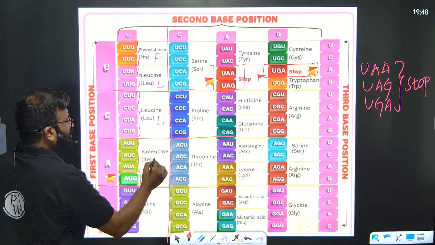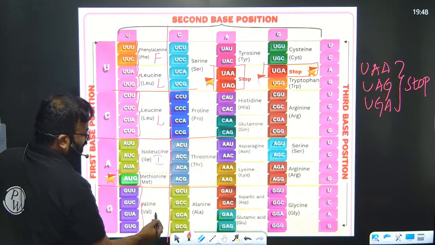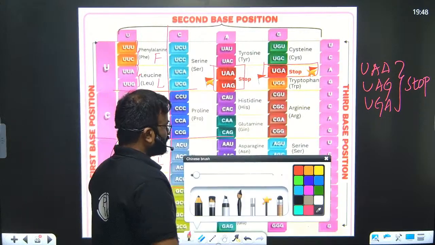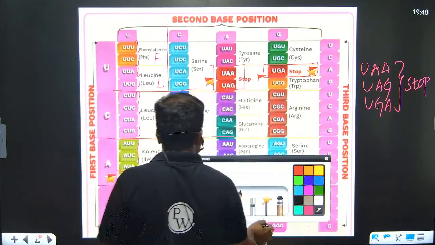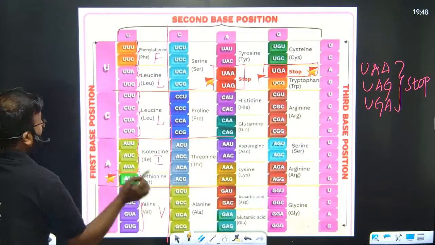These 3 code for isoleucine, and these 4 code for valine, which is V. So the mnemonic I'm going to give for this, FLIV.